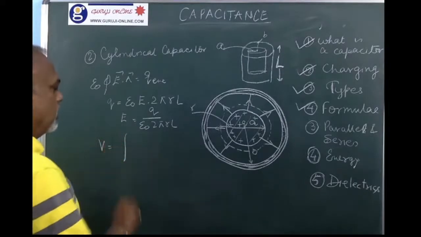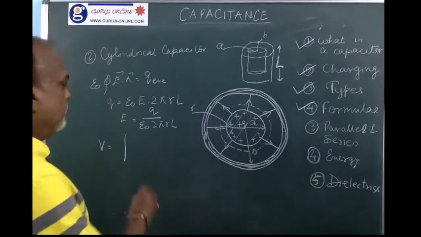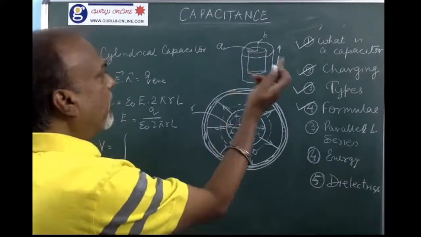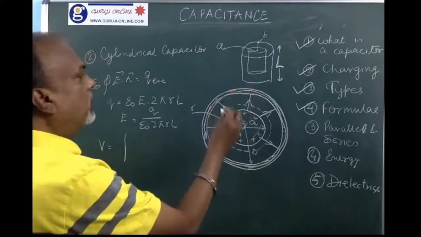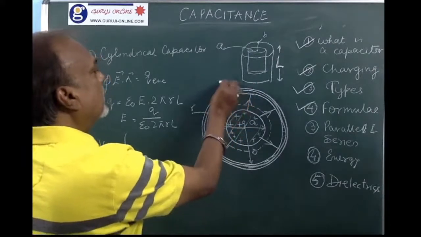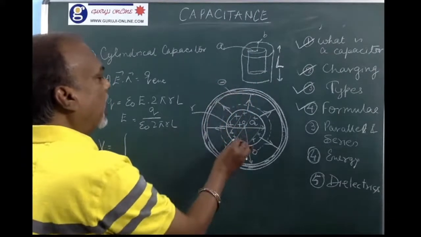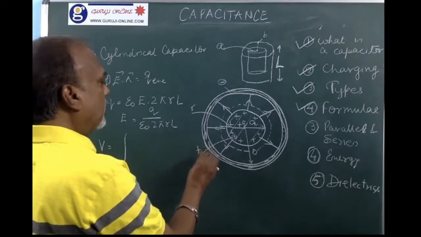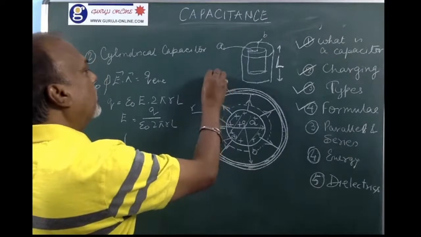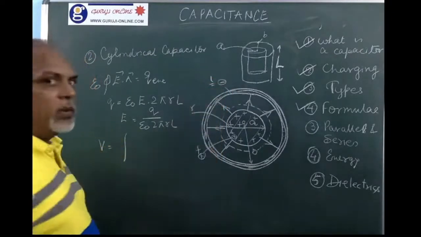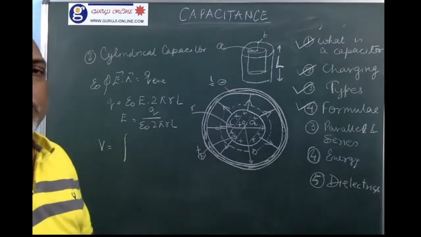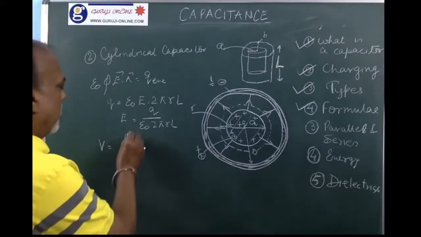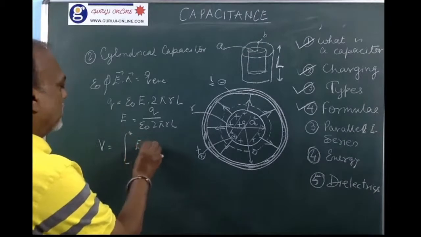We have taken in parallel plate minus as initial and positive as final. Please remember all these things. So our formula was minus integral initial to final E ds.